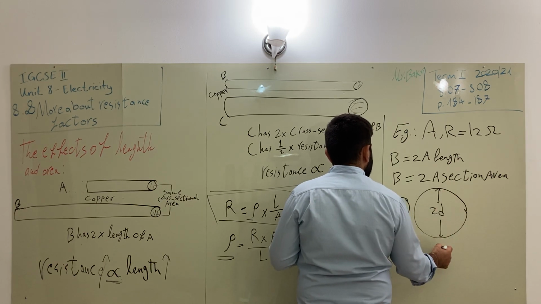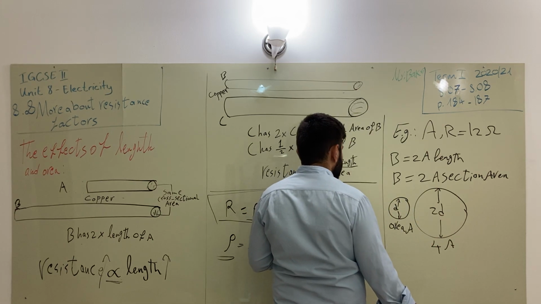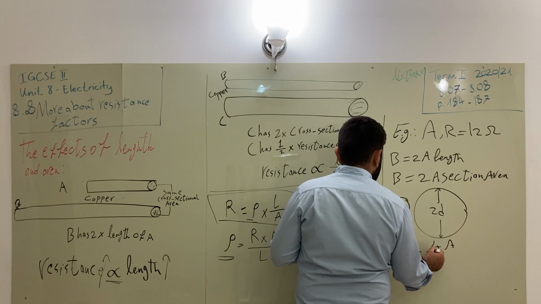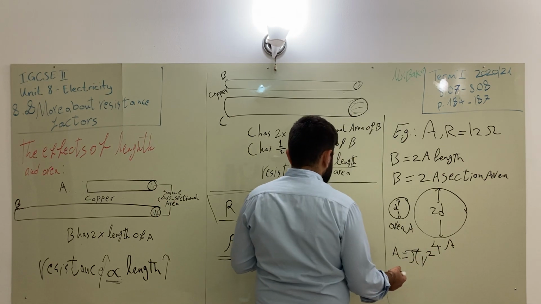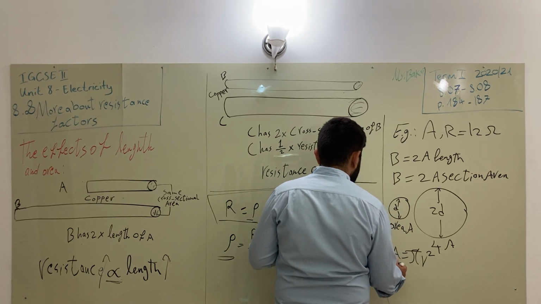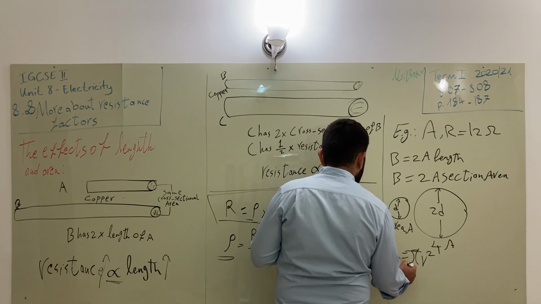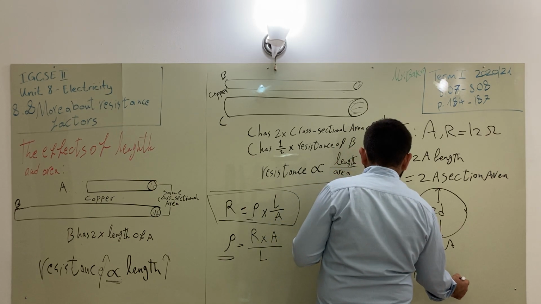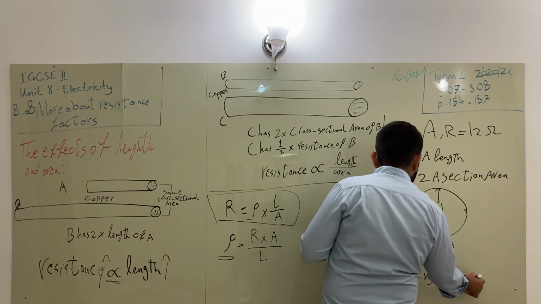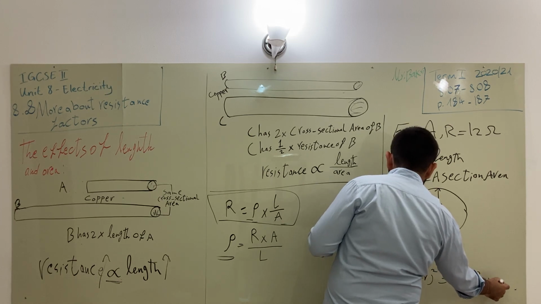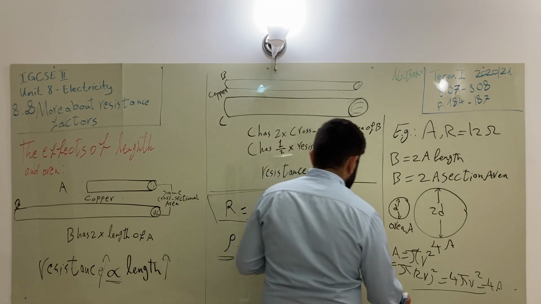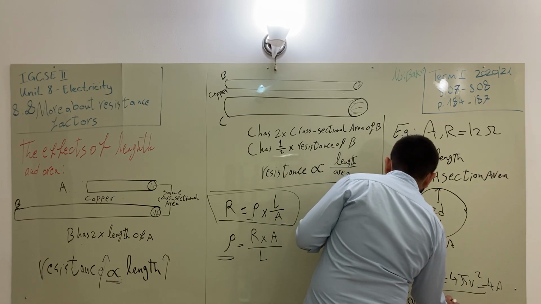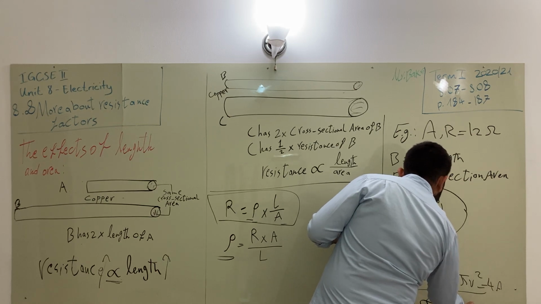Why? Because the area is equal to pi R squared, and in this situation, the radius is 2R, so the area equals pi times 2R squared, and that equals 4 pi R squared, that means 4 times A. So the area is proportional to the diameter squared.